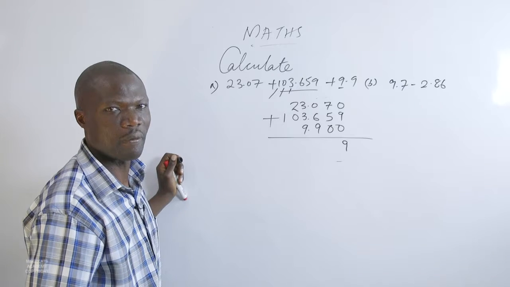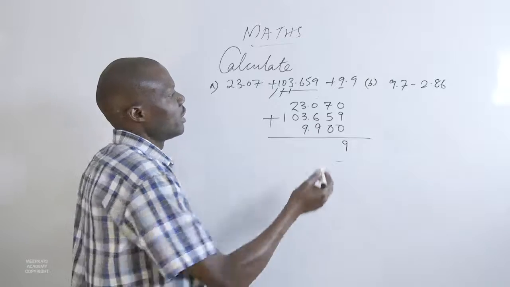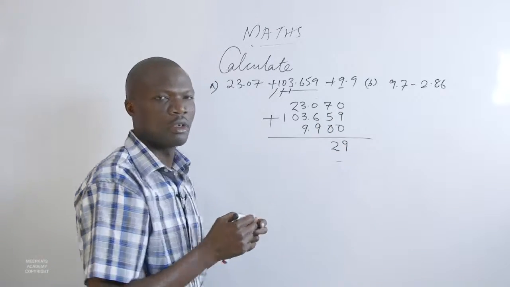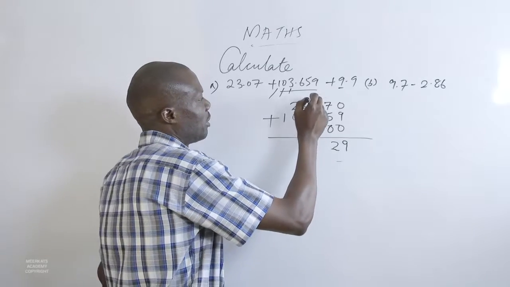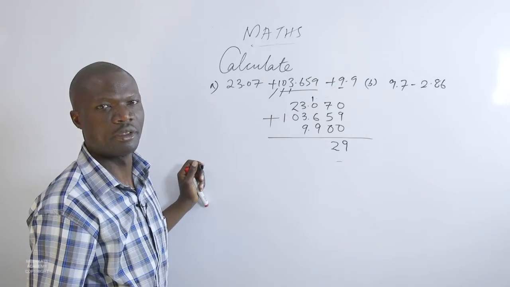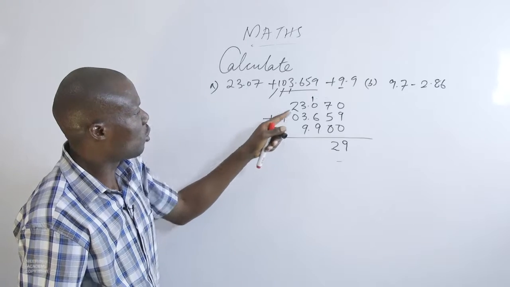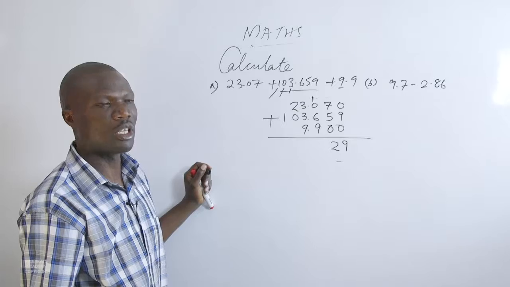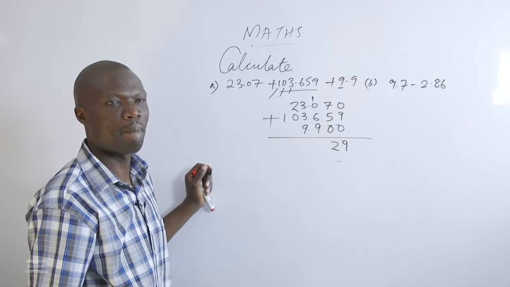Did we carry any number? No. 7 plus 5 is 12. And we've carried a what? A 1. 1 plus 6 plus 7. This one gives us 16.